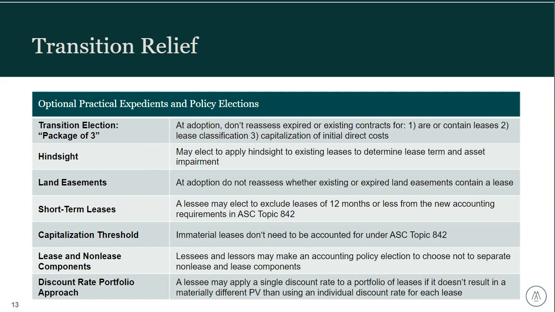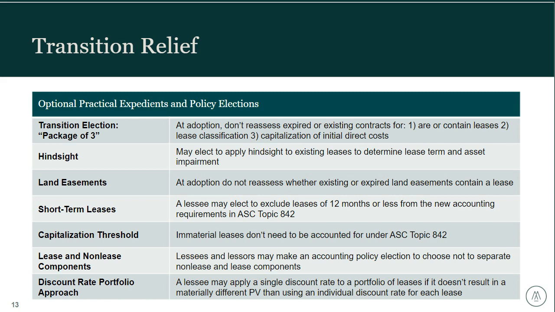So if you have a 2-year contract that began in 2021, upon adoption on 1/1/22, you do not get to apply the 12-month election to that lease because upon commencement, it was not a 12-month or less lease. So they're not allowing you to shortcut it there to say as of adoption, anything with 12 months or less.